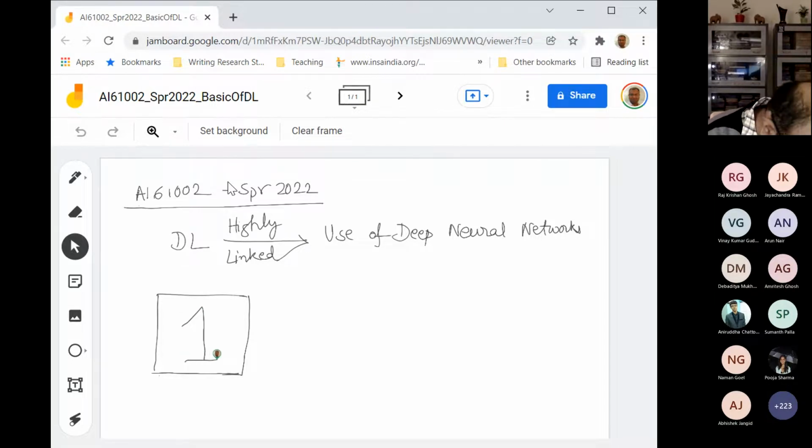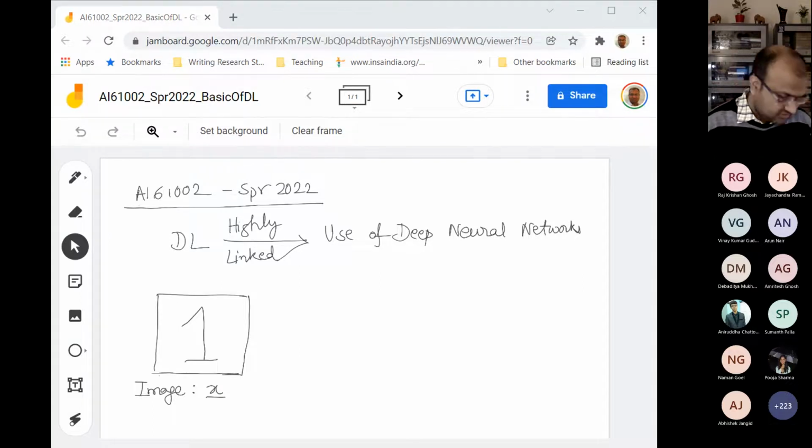So this is my image, and let me denote this with a variable called x. So now you have this image over here, which is called x.